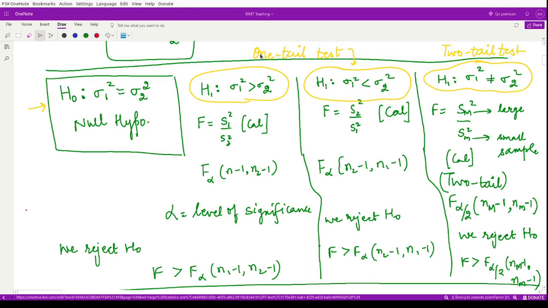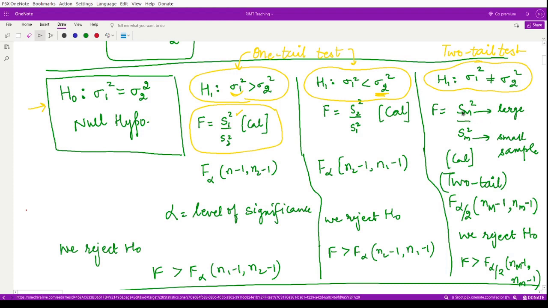For the one tail test, whenever sigma 1 is greater than sigma 2 and you want to check that, you calculate F to be s1 square by s2 square, the bigger quantity divided by the smaller quantity. Here also the bigger quantity is this variance, so bigger variance divided by smaller variance.